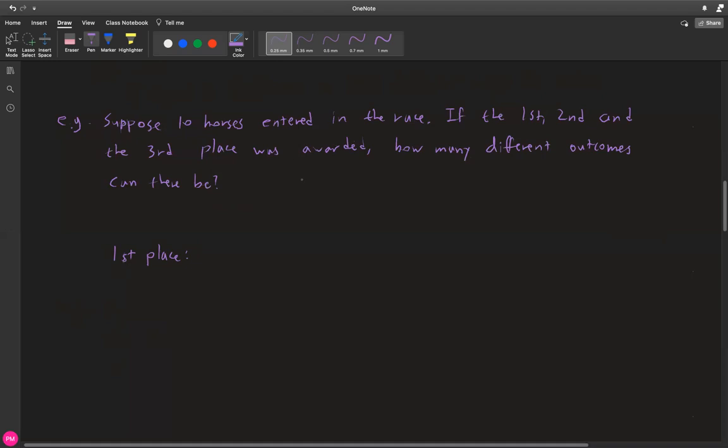So there's a horse number 1, horse number 2, horse number 3, and so on. So for the first place, we have 10 different horses that can come into first place because there are 10 horses and each one of them can win, and I'm sure that makes enough sense. So let's leave it as that.